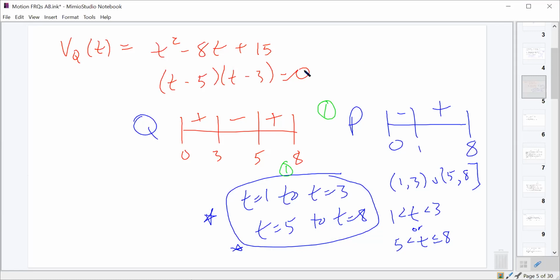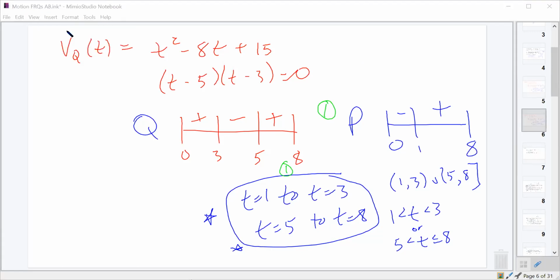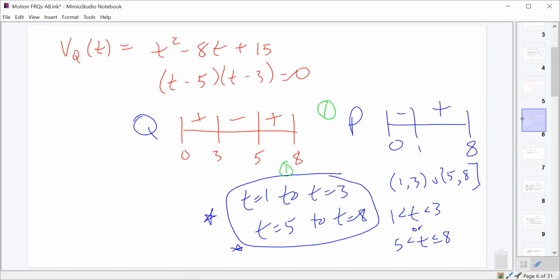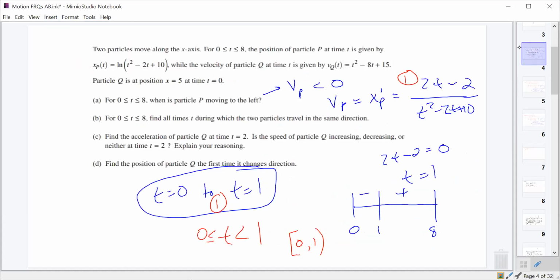All right, next was part C. Part C said find the acceleration of particle Q at time t equals 2. So we'll start with that. The acceleration of Q, a sub q, ought to be v sub q prime. I've forgotten what v sub q was.